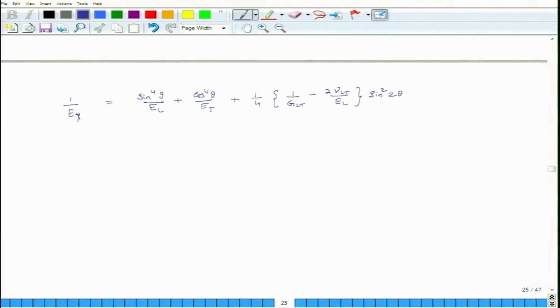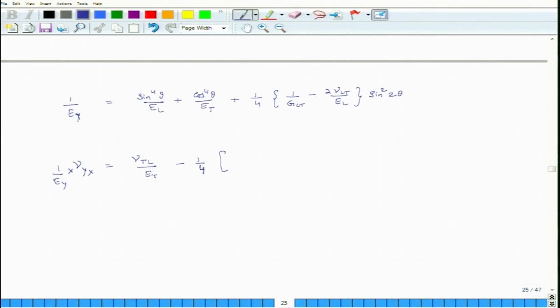The next relation is for my. Actually, before my we will express the relation for gamma yx. So, gamma yx is equal to nu TL over Et, and this is 1 over Ey on the right side, minus 1 by 4.